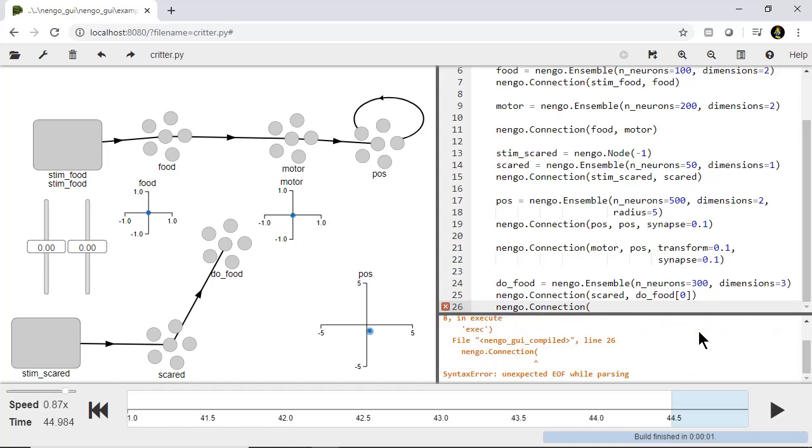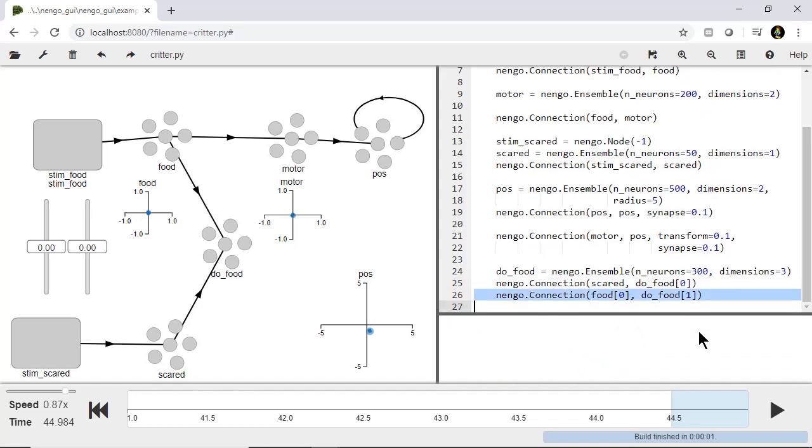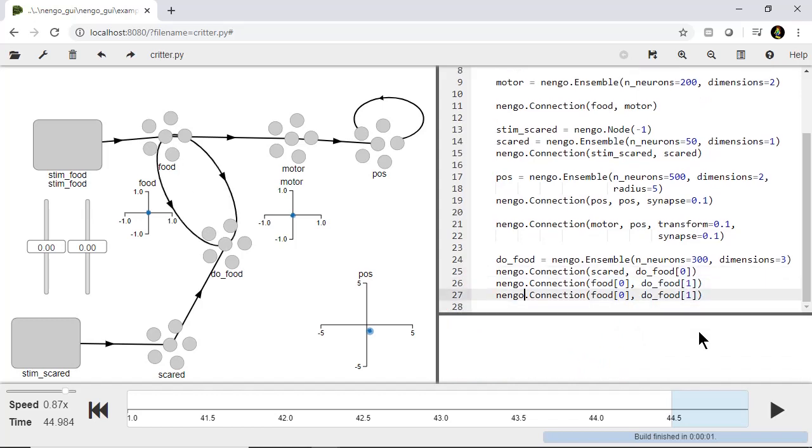And then we have a connection from food. What I could do is say the first dimension in food goes to do food 1, and the second dimension goes to do food 2, right? That's what we want. I want to pass both of those things across.